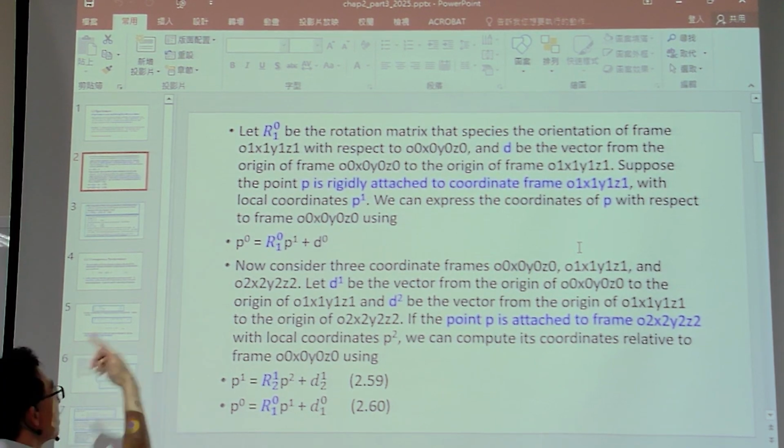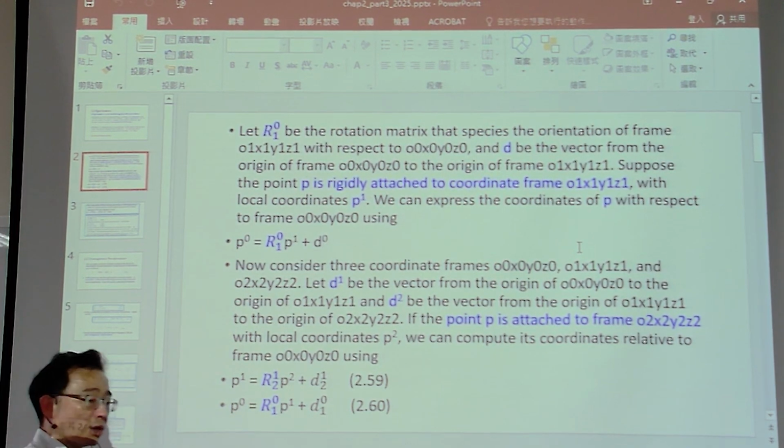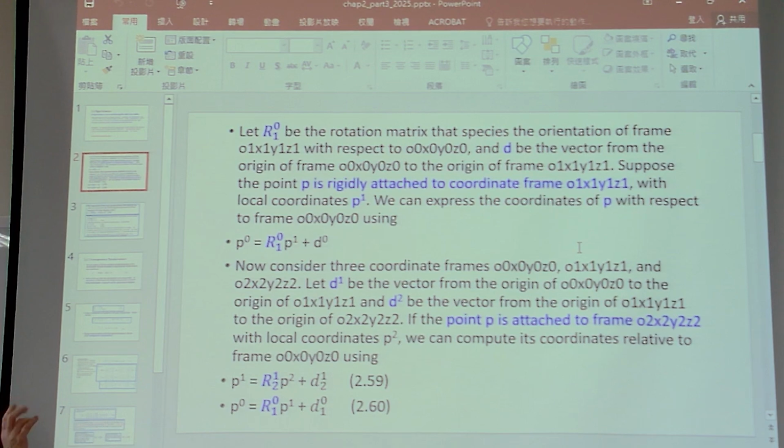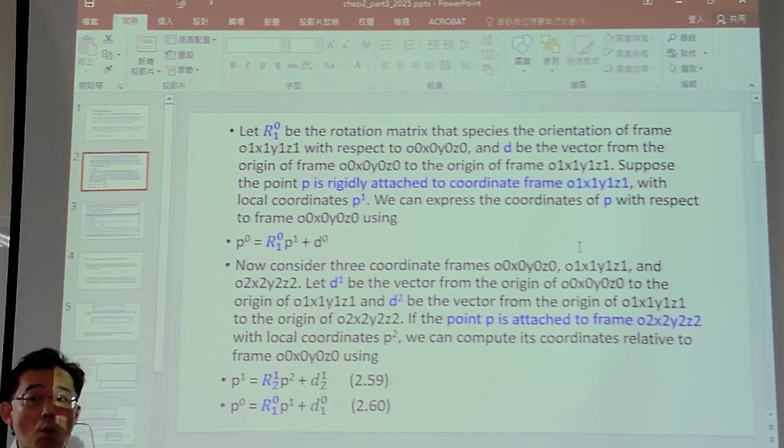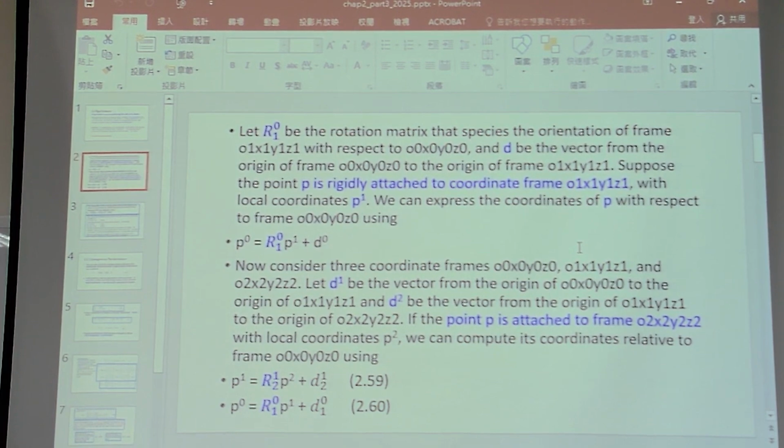For example, over here there is a position vector called P0. That's not important, but we have a P1. P1 sits on frame 1, no matter where frame 1 is. I need to rotate it back, or refer it back. Referred is the more accurate word, referred back to frame 0.